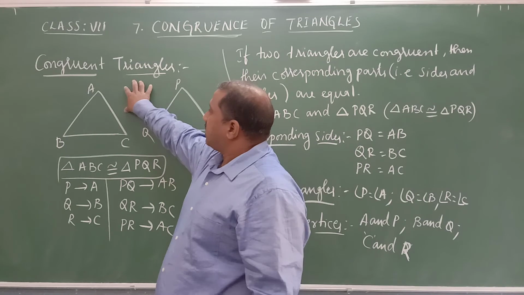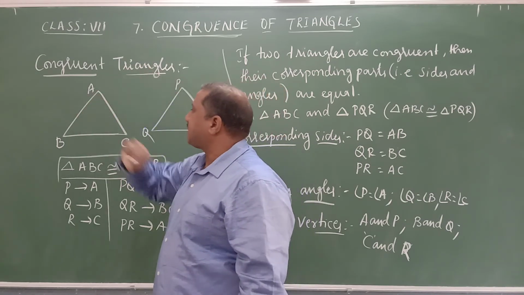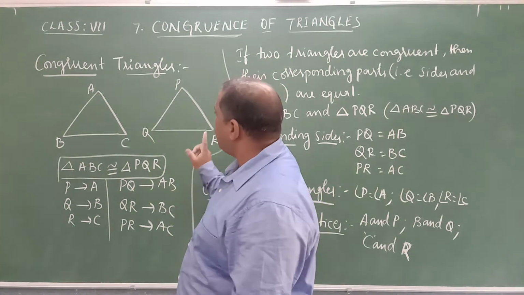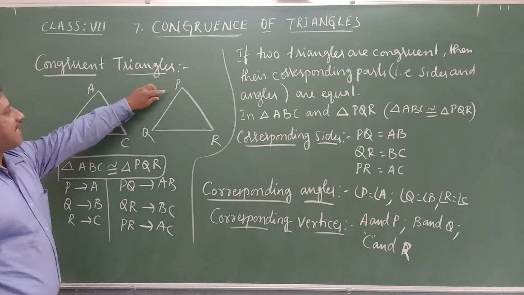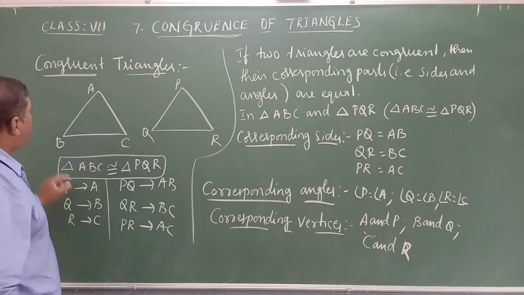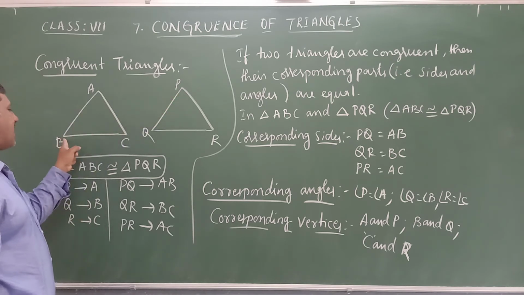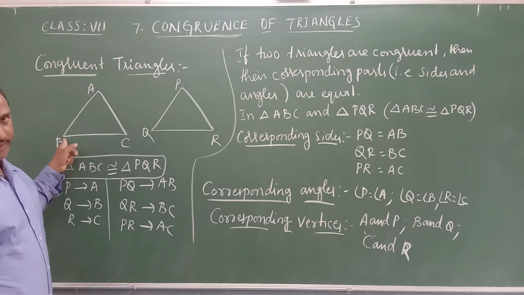Here, as I said, triangle PQR is brought and placed on triangle ABC. Now you see that vertex P is placed on vertex B. It may coincide or it may not coincide.